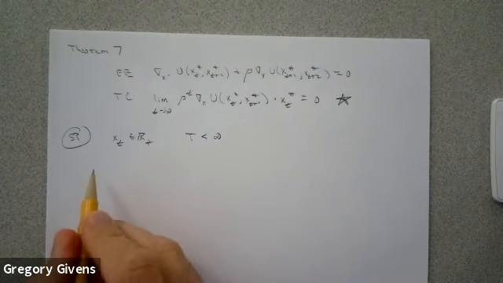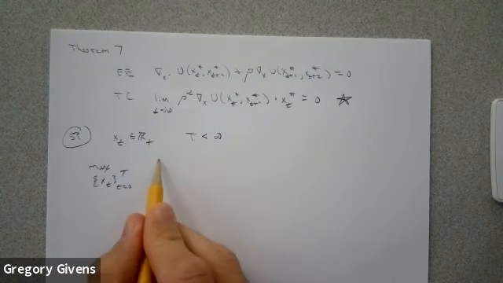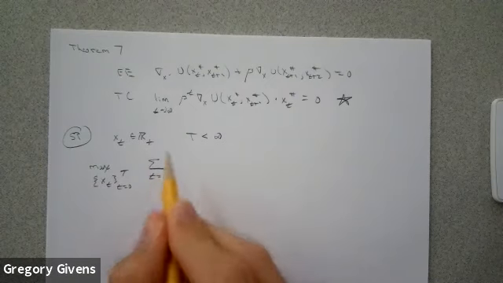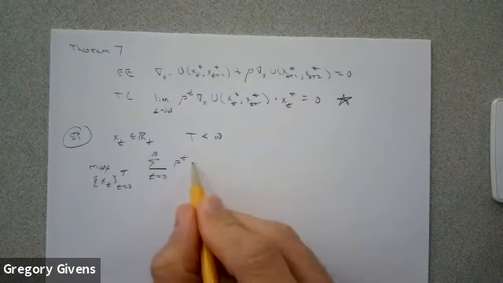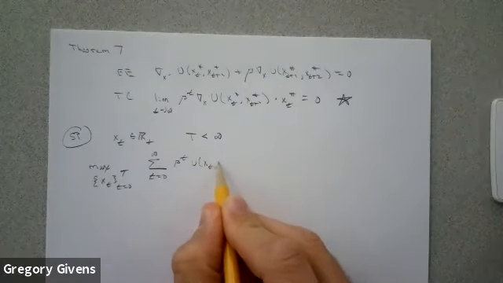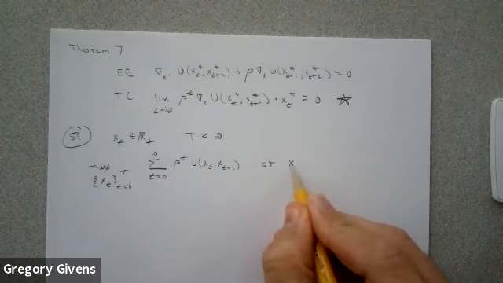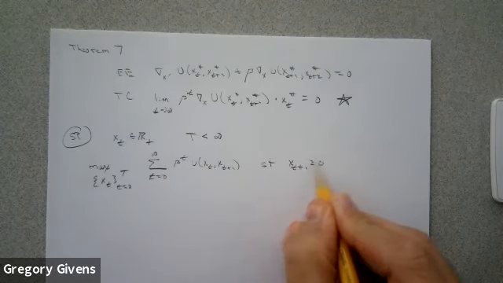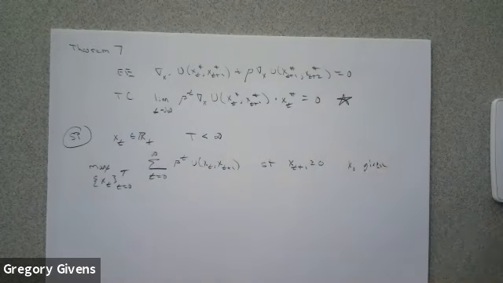The planner is going to attempt to maximize over a sequence of x's from date 0 to capital T the sum from t equals 0 to infinity of beta to the t, u(x_t, x_{t+1}), subject to a non-negativity constraint on the x's, and some given initial value of x.